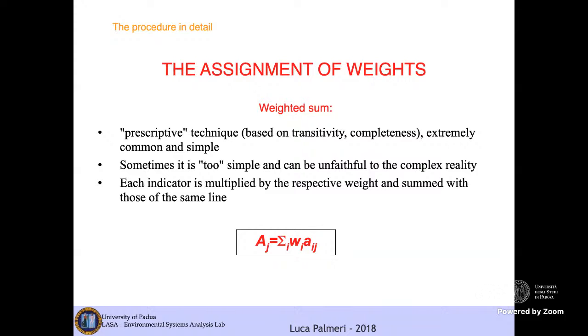Even sometimes it is too simple and can be unfaithful in the case of very complex situations. Each indicator is multiplied by the respective weight and summed with those of the same line. I will shortly briefly give you an example of this.